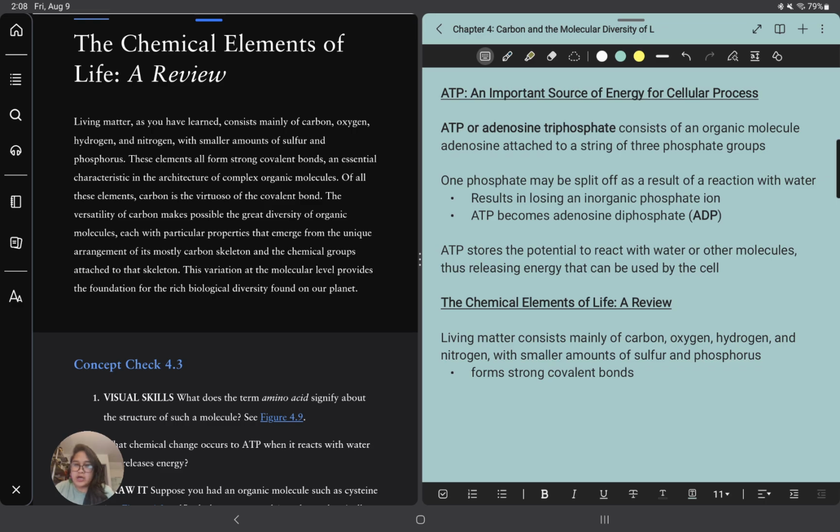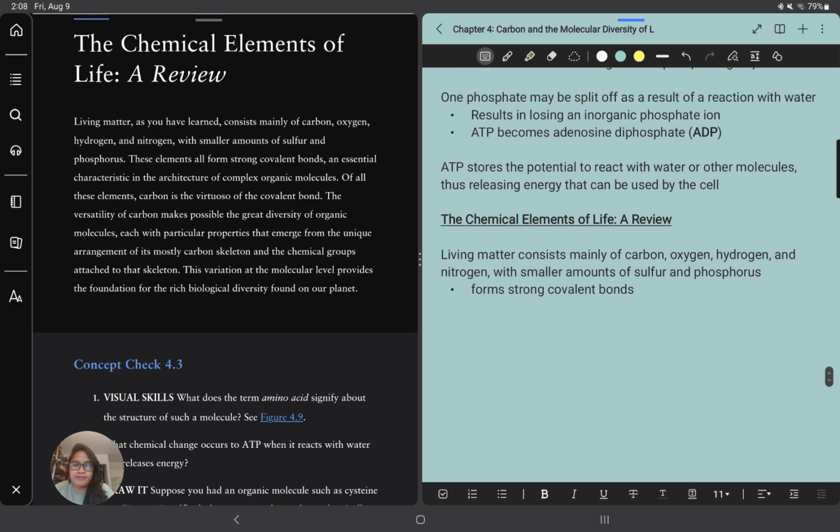The versatility of carbon makes possible the great diversity of organic molecules, each with particular properties that emerge from the unique arrangement of its mostly carbon skeleton and the chemical groups attached to that skeleton. This variation at the molecular level provides the foundation for the rich biological diversity found on our planet.